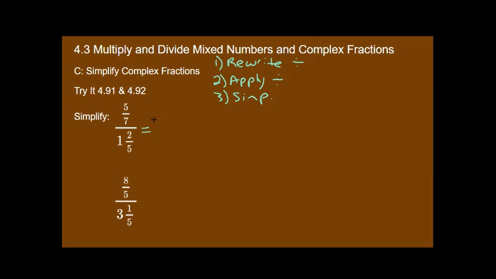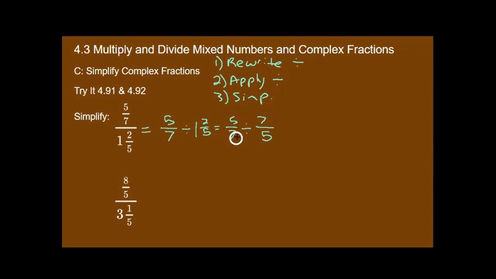The first one I'm going to rewrite as a division problem, 5/7 divided by 1 2/5. Okay, now I need to deal with this mixed number. 5/7 stays the same, divided by 5 times 1 is 5, plus 2 is 7. Keep the same denominator, 5.